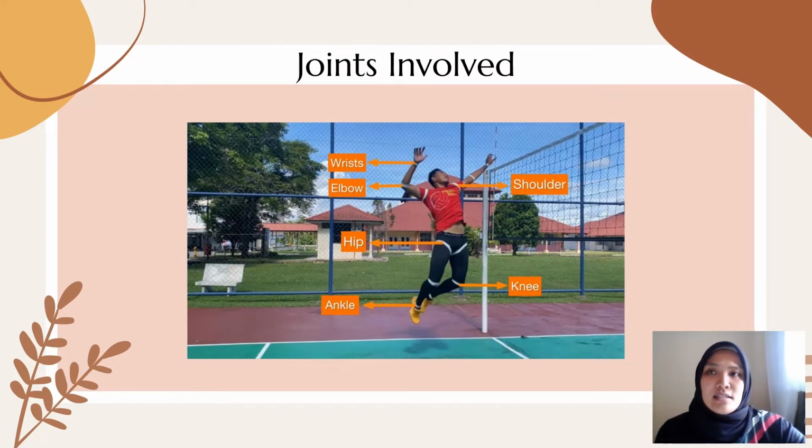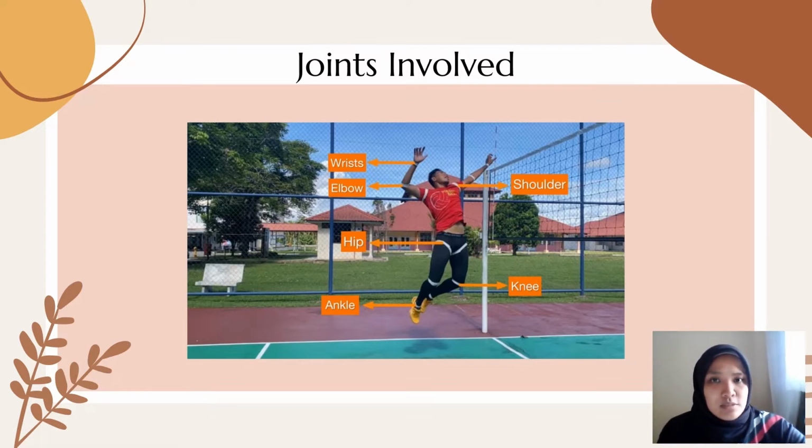Okay, these are the joints involved during the spike skill. The first one is wrist, elbow, shoulder, hip, knee, and lastly the ankle. The ankle joint is a diarthrosis joint, which is synovial, condyloid, and biaxial. So it makes movements such as flexion, extension, and circumduction.